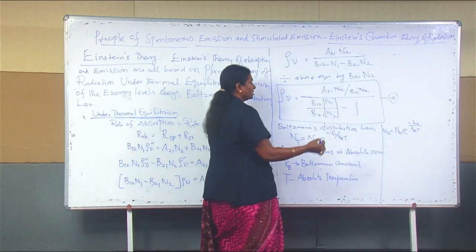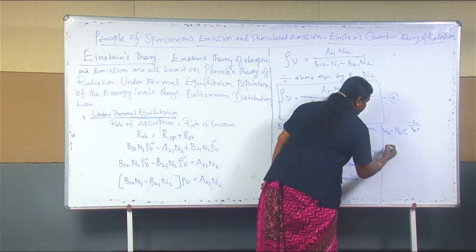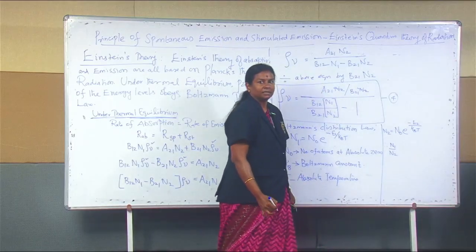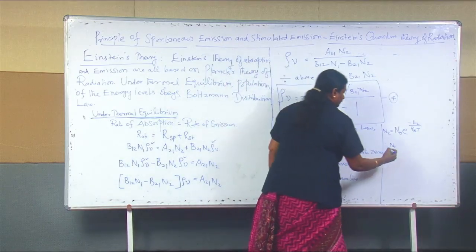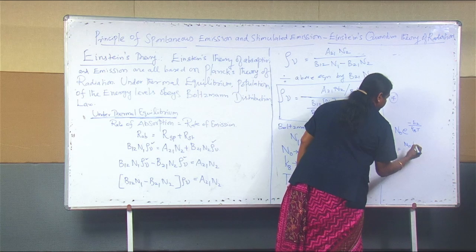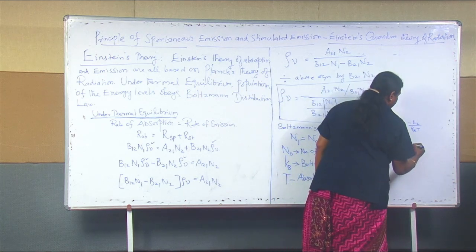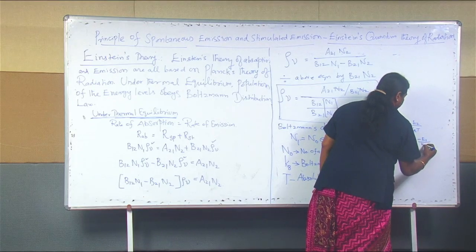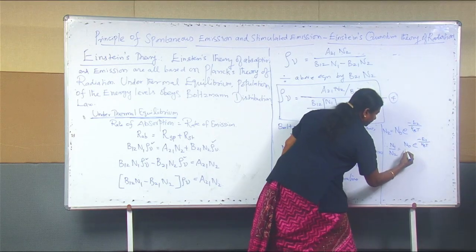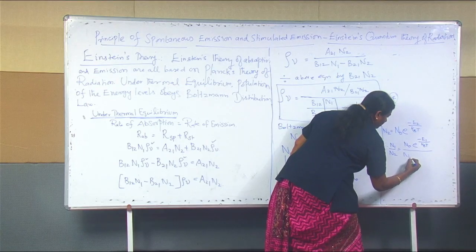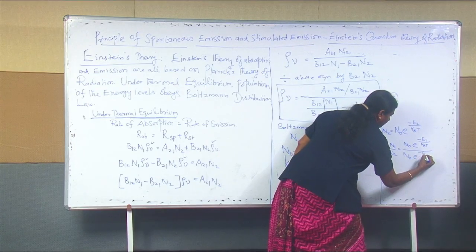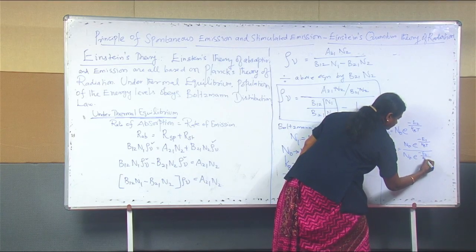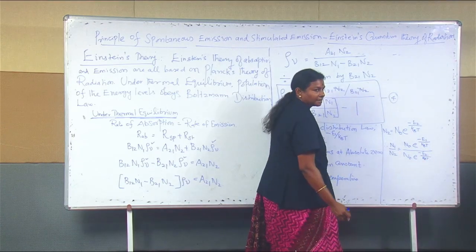Clear? So, I can write the next, therefore, N1 by N2, which is equal to, substituting the values, N0 e to the power of minus E1 by kBT divided by N0 e to the power of minus E2 by kBT. What is the next step? Can anyone tell me?